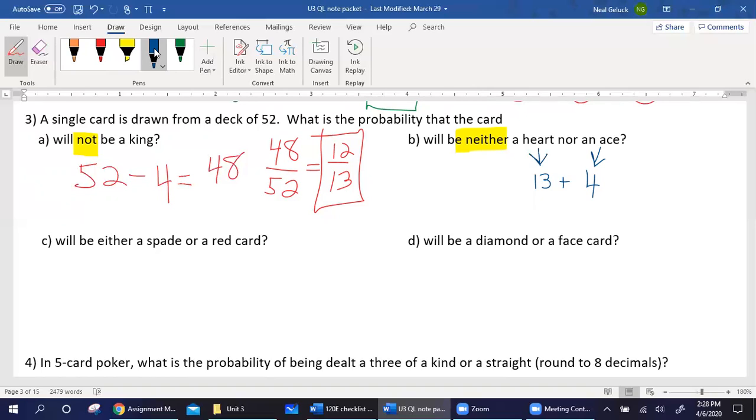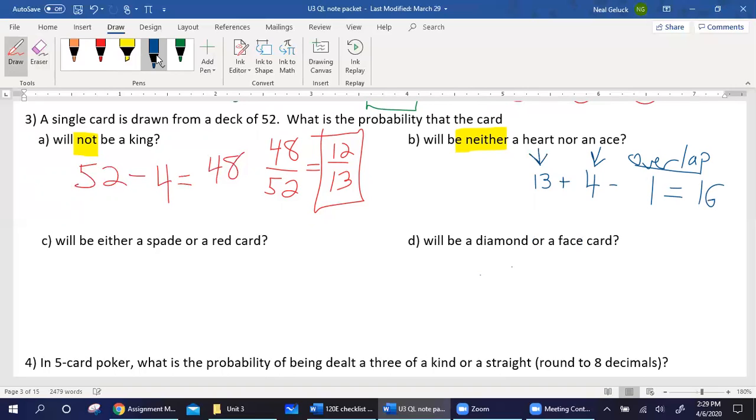I double counted the ace of hearts because I counted it in the hearts section and I counted it in the ace. So there was 1 card of overlap. So I have to subtract it off. So I counted 16 possible cards.